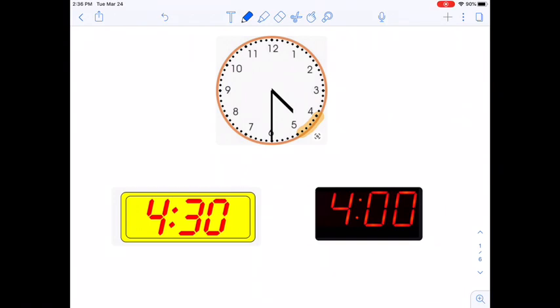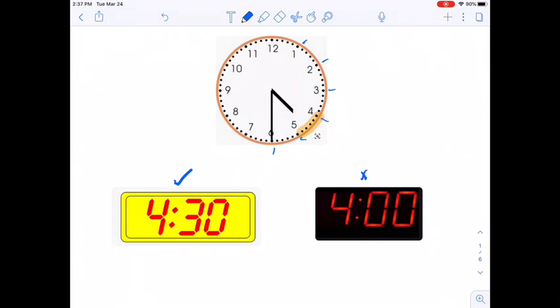And we count starting up at the 12 is 0 minutes. We count by fives until we get to the long hand or the minute hand. So we'll say 5, 10, 15, 20, 25, 30 minutes have passed. So we know it's 4:30. So I would say this is the correct time, and this time is not right.